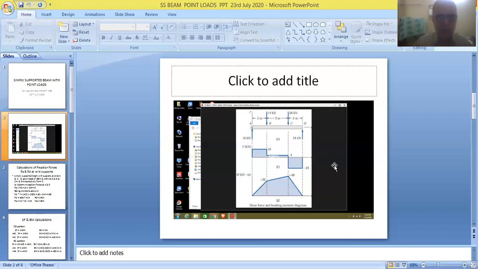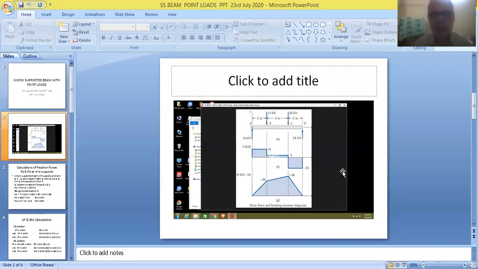In any case, all these rules which we have discussed so far are very essential for solving the problem, for writing equations, for making calculations, for getting SF and BM values, also for construction of SF and BM diagrams.